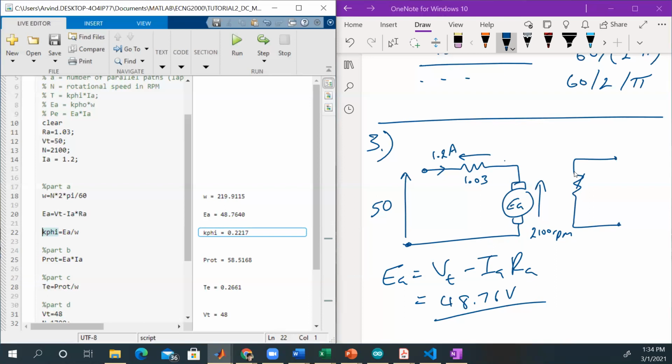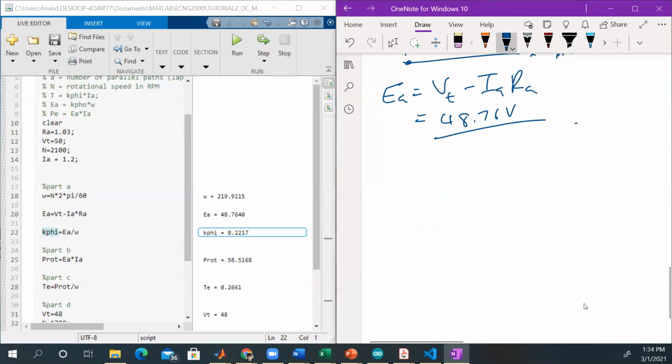So the rotational power here is the electromagnetic power, right? If we look at it with our same equation that we had before, P rotation is equal to P electromagnetic minus P out. For no load, P out is 0.